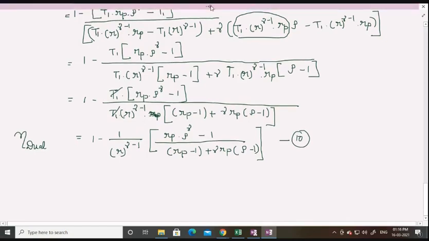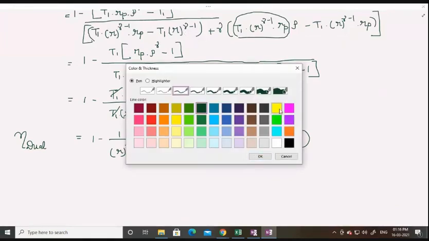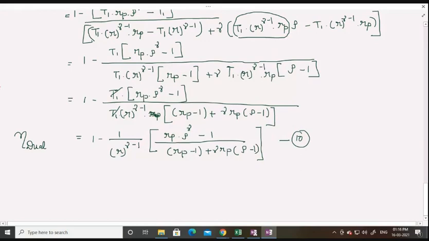In equation number 10, if you consider Rp value is 1, what does the equation reduce to? It reduces to the diesel cycle.